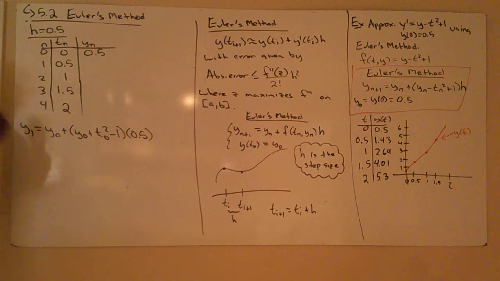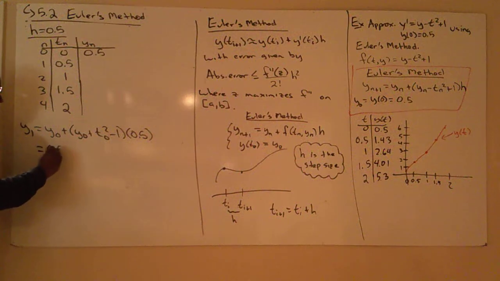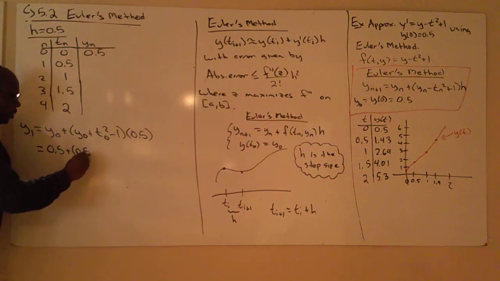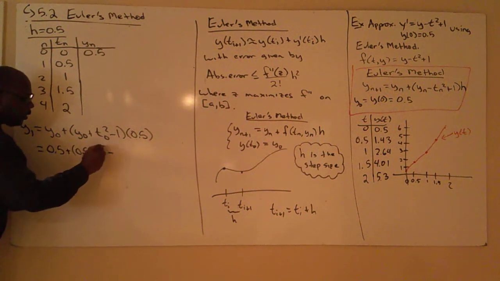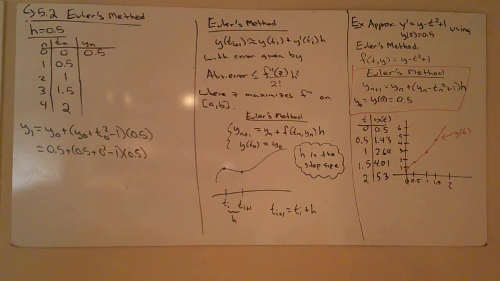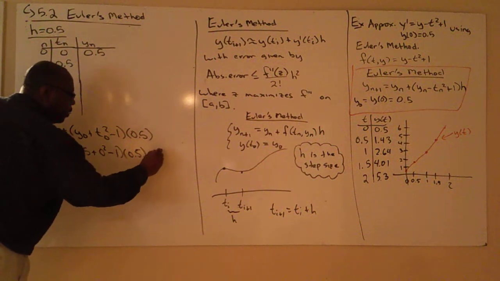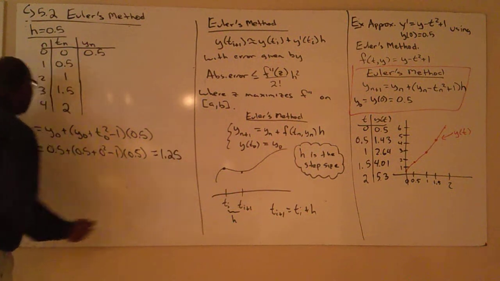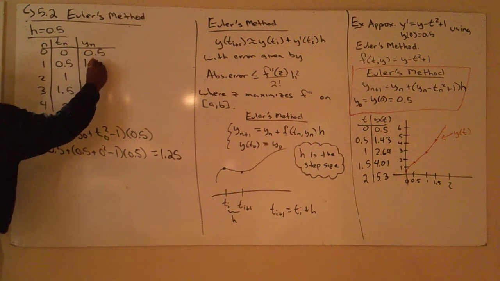Let's plug in what that is. Y sub 0 is 0.5 plus 0.5 plus 0 squared minus 1 times 0.5. If you work that out, you get 1.25. So y sub 1 is 1.25.